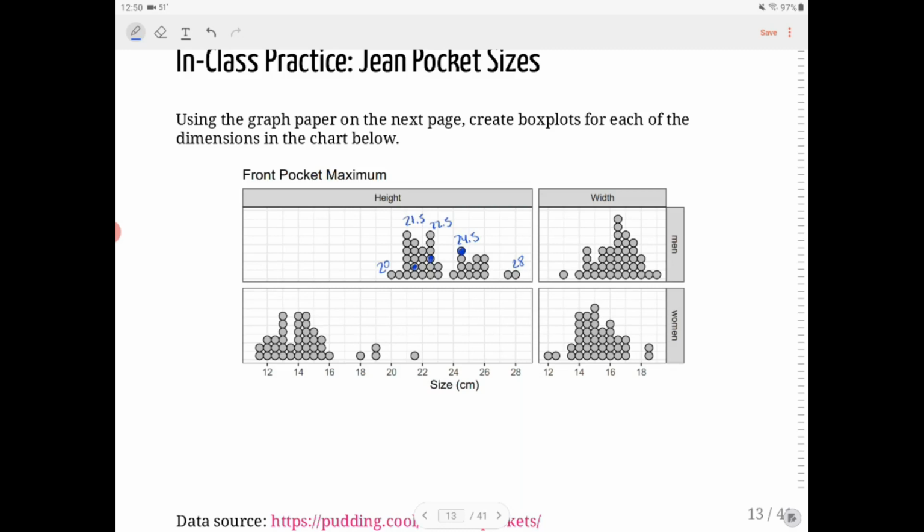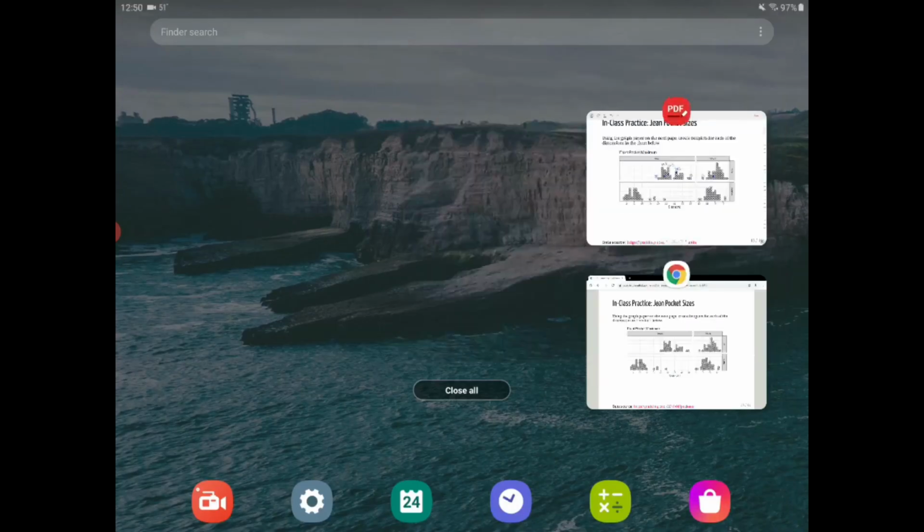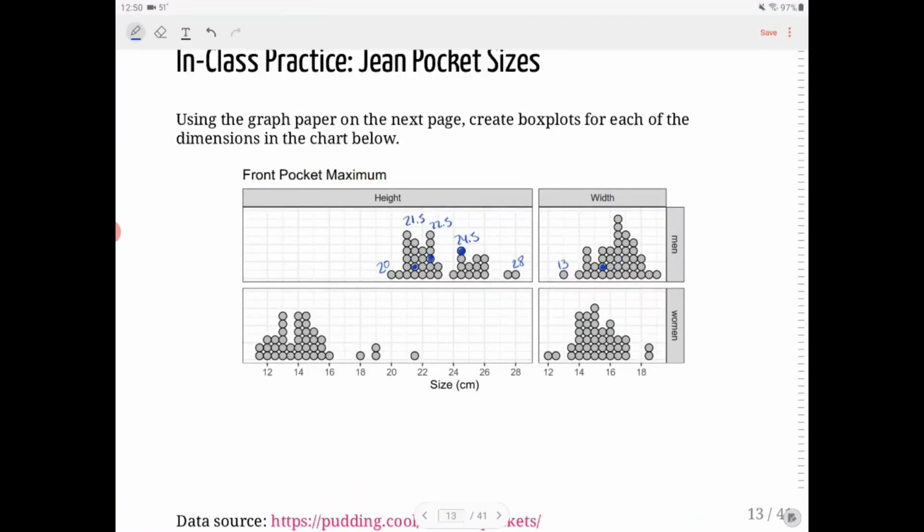Doing the same thing for the width, we have 13 as the lowest. Counting by tens to find the quartiles and median.